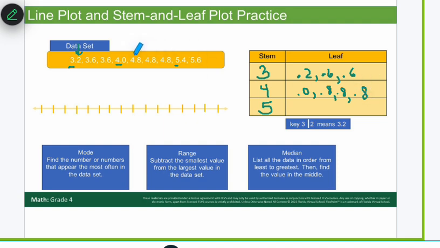All right, 1, 2, 3. Yep. Then I have 5 4/10 and 5 6/10. So I've now taken my data and transferred that data over here into my data table.